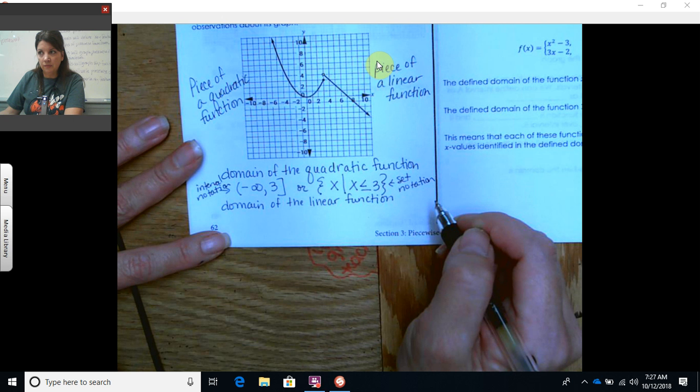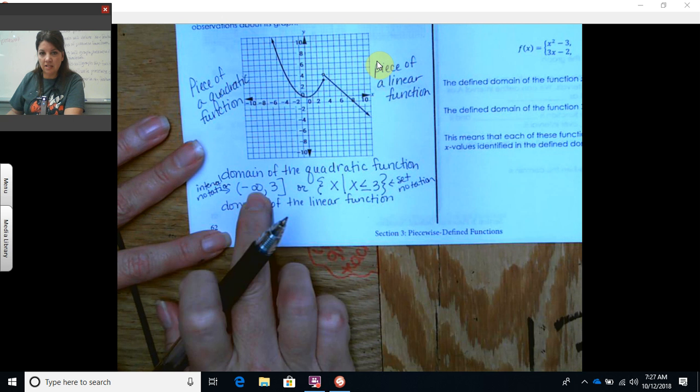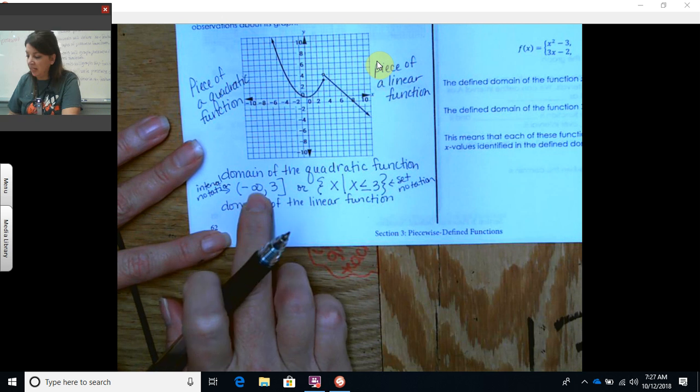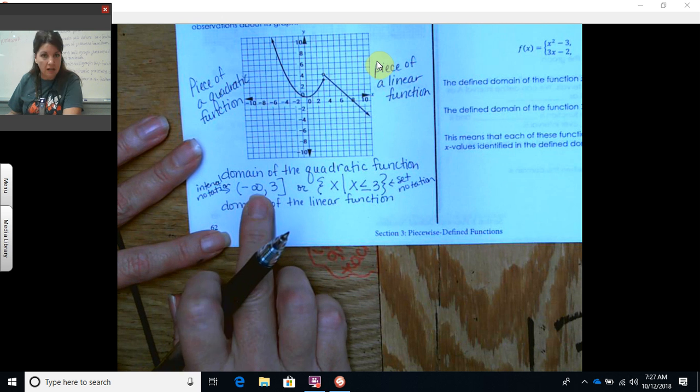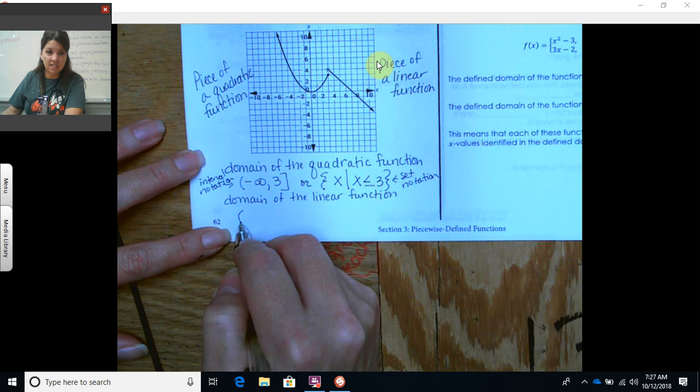So if we wrote it like this, interval notation, any idea what the domain of the linear piece would be? Any ideas? Where does it start? At 3. Does it include 3? Nope. So do we use a bracket or a parenthesis? Bracket. Well, parenthesis, because it doesn't include 3, it's a parenthesis. So 3 all the way to where on the x-axis?